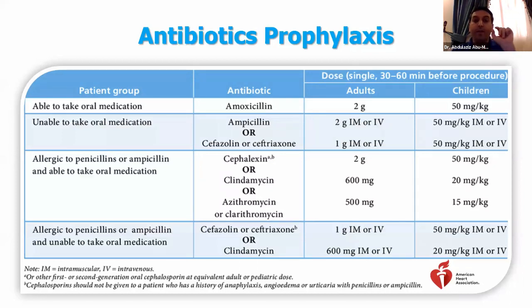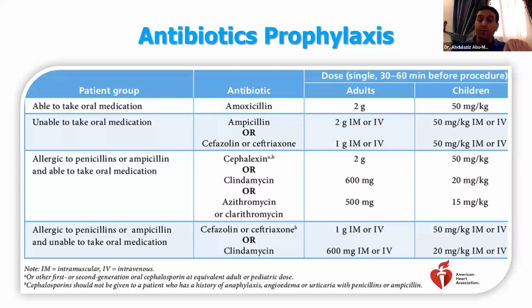You go with 2 gram of amoxicillin, and we might go with the American Endo Society from that point, because what's the problem with clindamycin? The FDA, the Food and Drug Administration in the US, puts a black label on the box of clindamycin, saying it causes colitis, and it can cause a fatal problem for the patient.